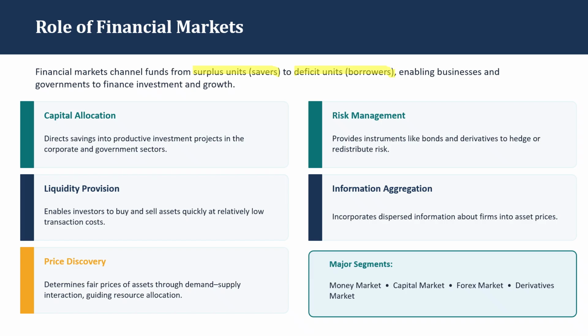Households deposit money in banks, buy mutual funds, purchase government securities, or buy shares, and these funds then reach businesses and the government as loans, bonds, or equity capital. This is what we know as capital allocation. So financial markets direct savings into productive investment projects like factories, infrastructure, and technology, rather than letting them sit idle. By doing this, they support economic growth, employment, as well as development of the economy.